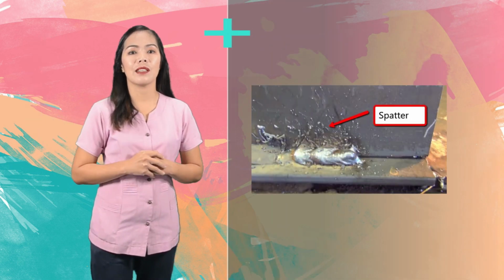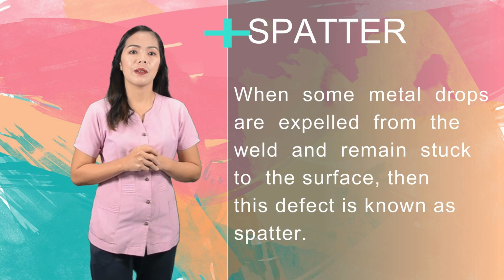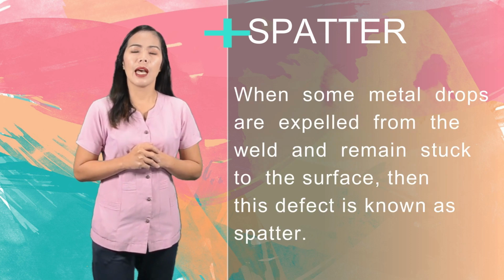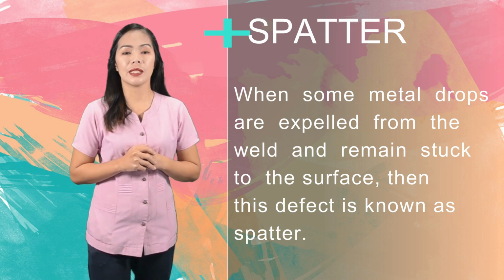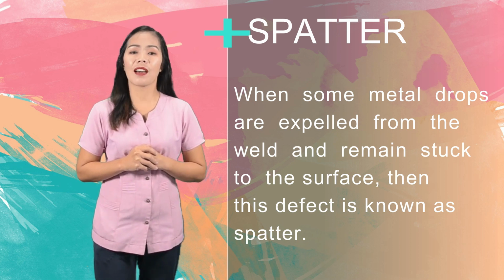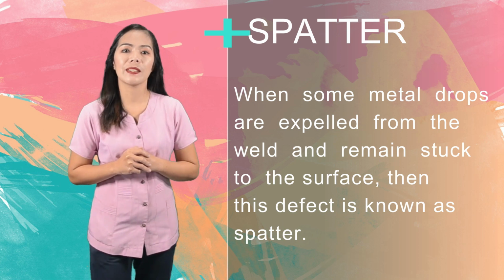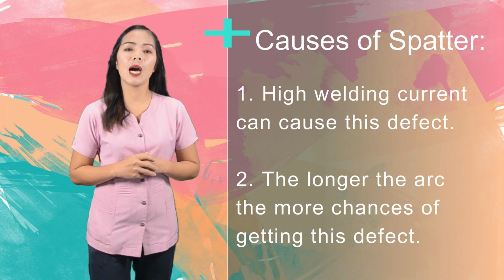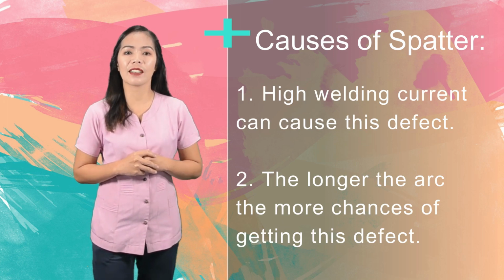Third defect, spatter. When some metal drops are expelled from the weld and remain stuck to the surface, then this defect is known as spatter. Causes of spatter. Number 1. High welding current can cause this defect.